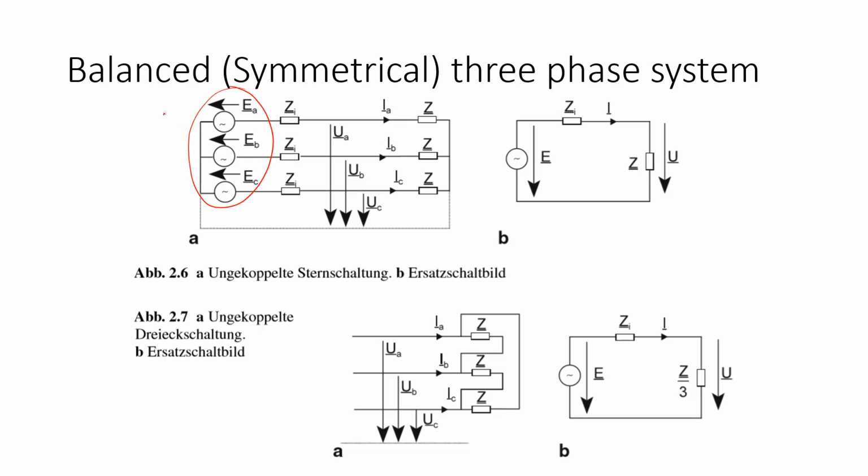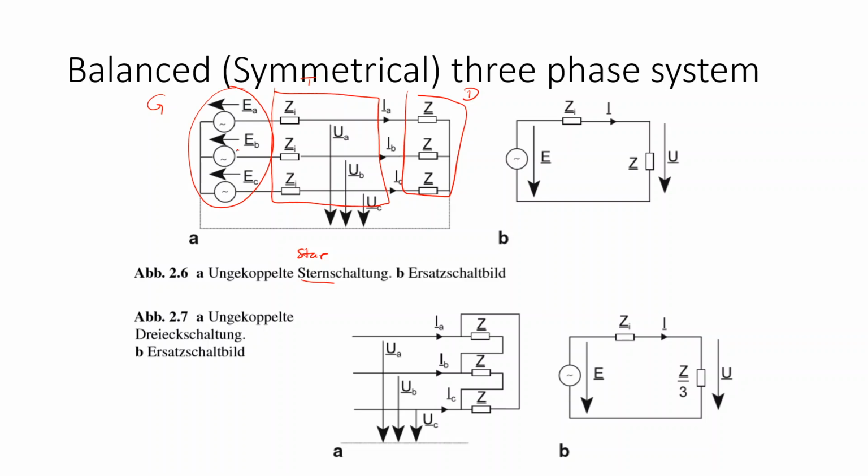This side is a generation G, and these are the transmission line T, and this is supposed to be your load D. All these GTD subsystems are connected in star connection, in German called Sternschaltung. Stern means star, Schaltung means connection.